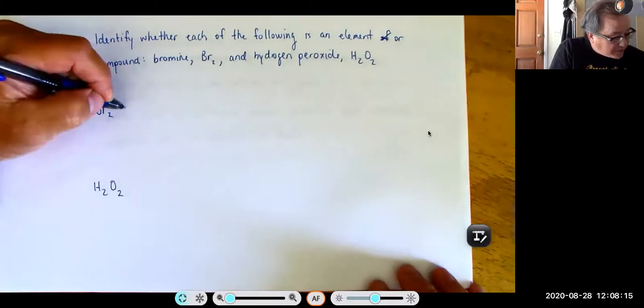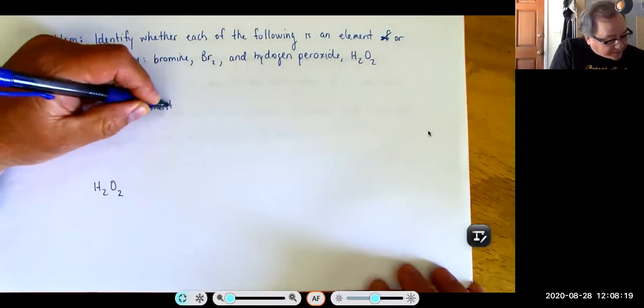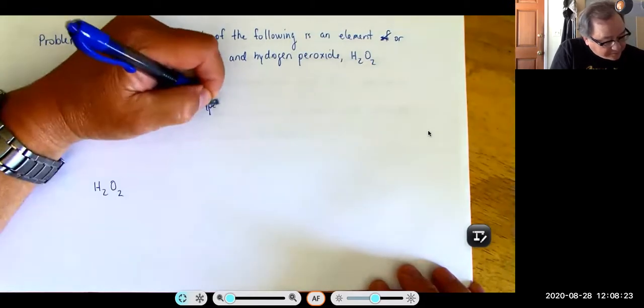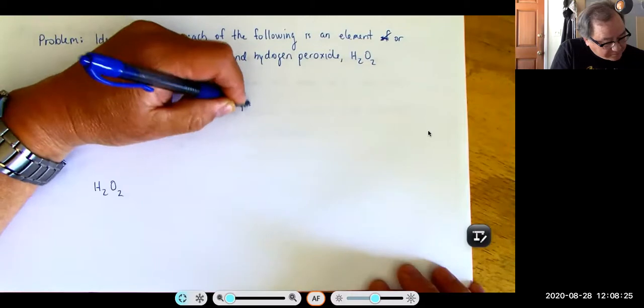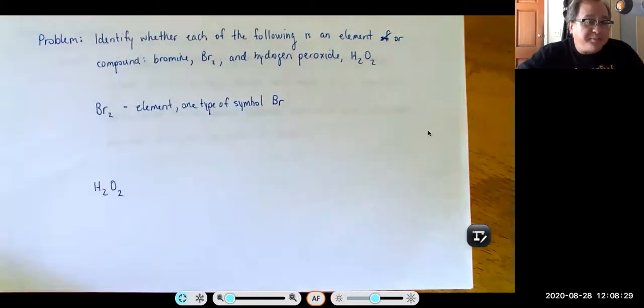For Br2, you're going to say this is an element, basically because we have one type of symbol, which is Br. Now, this particular element happens to come in pairs. You can't find individual bromine atoms by themselves.